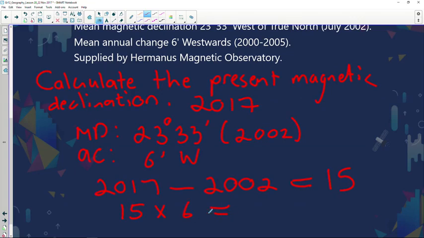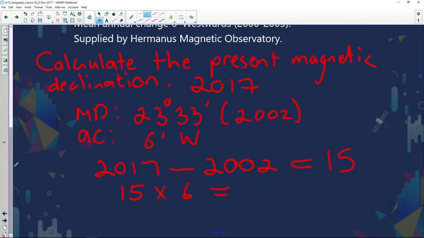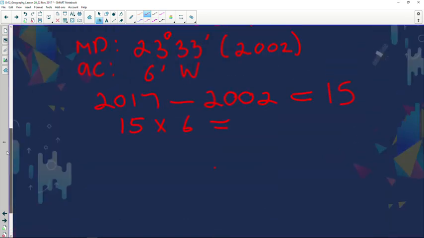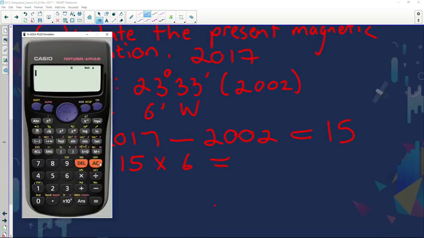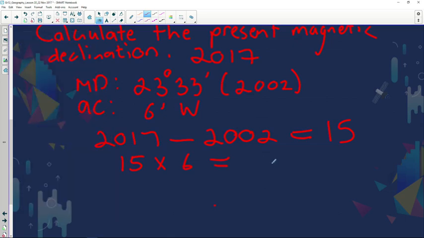That's 6. So let's just move up a little bit. So 15 times 6 equals 90 minutes.